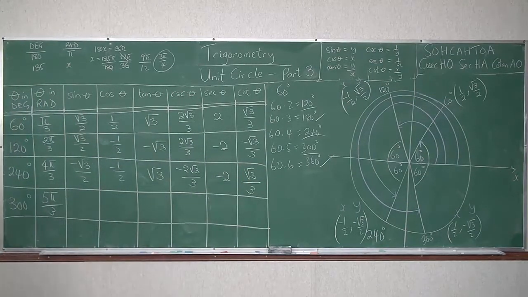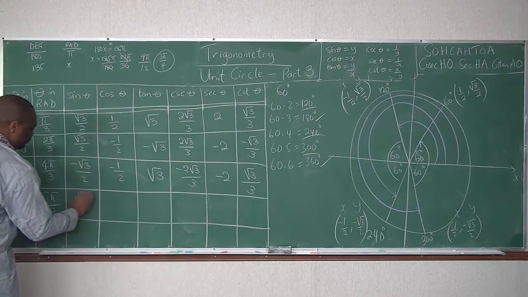Alright? Last but not the least, 300 degrees. 300 degrees, 5 pi over 3. So, sine is y, negative root 3 over 2.